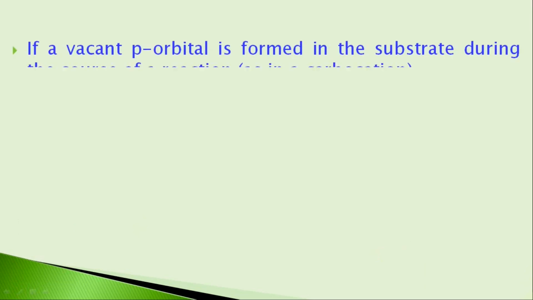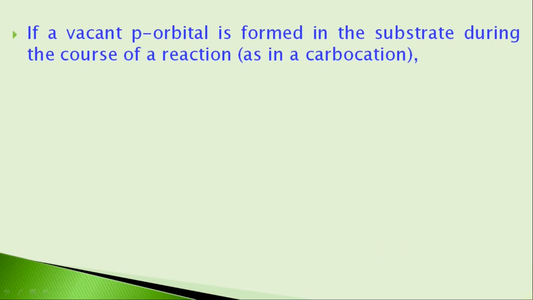The explanation of beta secondary KIE with the help of hyperconjugation is supported by the fact that beta secondary KIE is observed if a vacant p orbital is formed in the substrate during the course of a reaction, as it happens when a reactant converts into a carbocation.